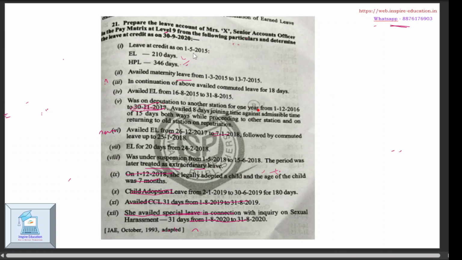So debit credit on 1/5/2015. So let me take a blank page. Okay, so first we'll create the earned leave account.